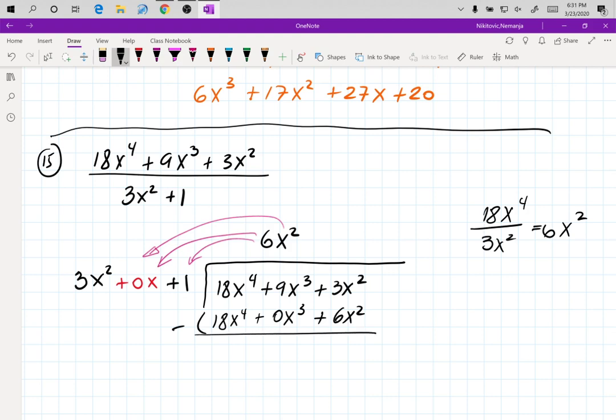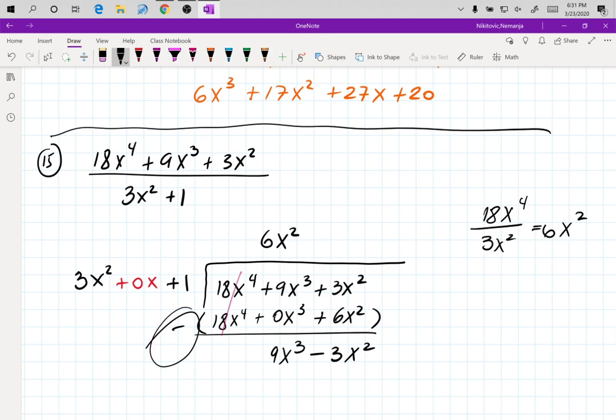When you subtract, the first one will cancel as usual, and we have 9x cubed minus 0, that's just 9x cubed, plus 9x, no, my bad, minus 3, because 3 minus 6 is negative 3. There we go. And if you really want to, you can put plus 0x plus 0. You don't have to, but you can.